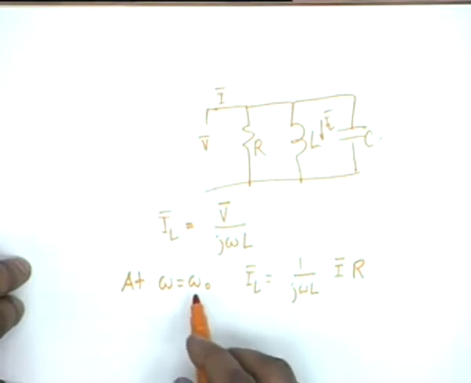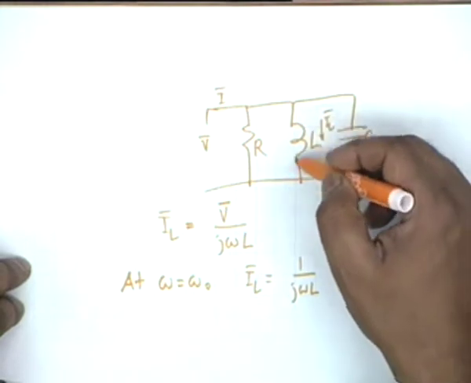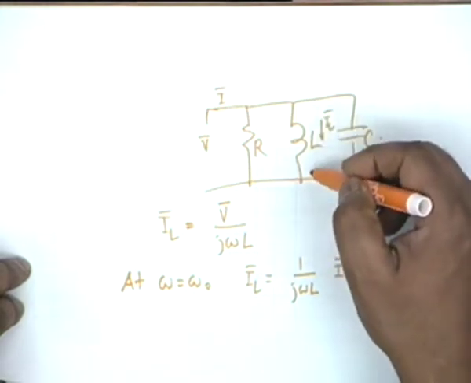All right, at omega equal to omega 0, the current and voltage are in phase, and the voltage is simply current multiplied by the resistance, because the two currents I sub L and I sub C cancel each other.